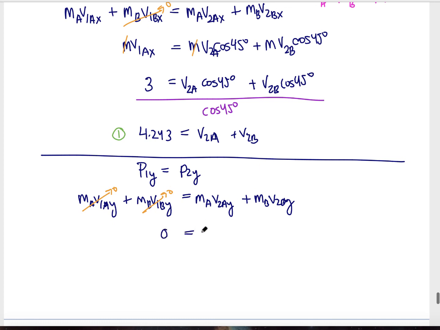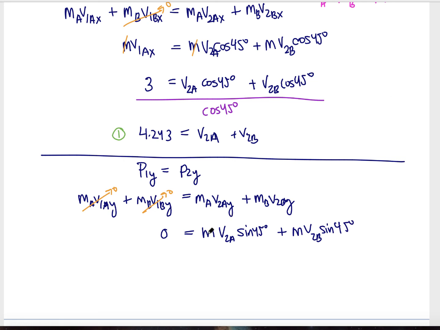And on the right-hand side, we have mass a, which we can just write as mass m, times v2a multiplied by the sine of 45 degrees, plus mass b, which is also m, times v2b times the sine of 45 degrees.